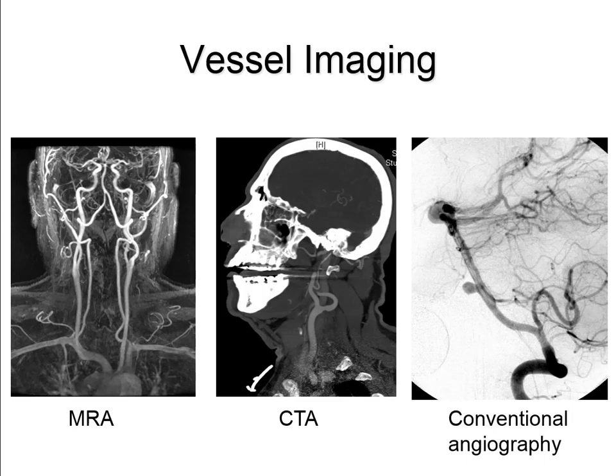One can do that by using contrast in the vasculature and doing a CT, or using either contrast or intrinsic signal in blood and doing an MR angiogram. So all of these allow you to visualize where the blood vessels are, which ones are normal, which ones are abnormal.